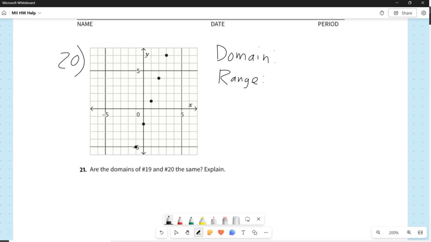So we actually cannot use interval notation this time, because with interval notation, you establish your lower bound and your upper bound, but then it also includes all of the numbers in between that. Whereas here, we are not including the numbers in between the dots, because if we were, they would be in the graph, and they're not, so we can't include them. So we'll just express our domain and range as a set.